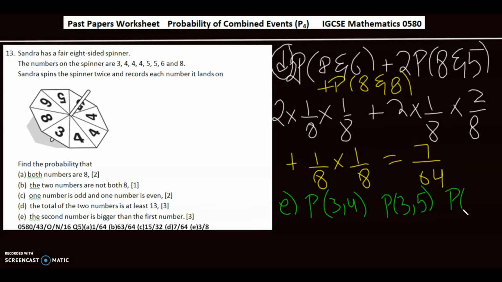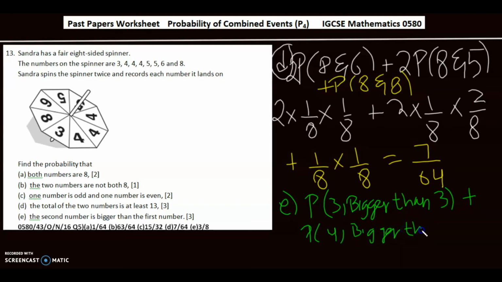So these are too many numbers. What I can do is find the probability of 3 and then the probability of a number bigger than 3. So bigger than 3, that will cater to all the cases, plus the probability of 4 and then bigger than 4, and then similarly for 5, 6, 7 and 8.